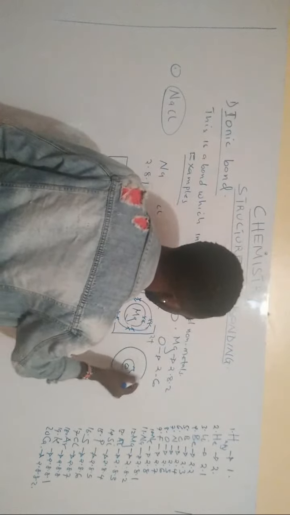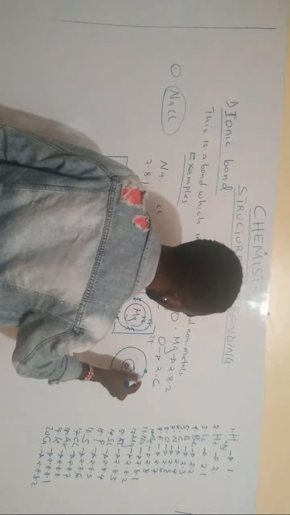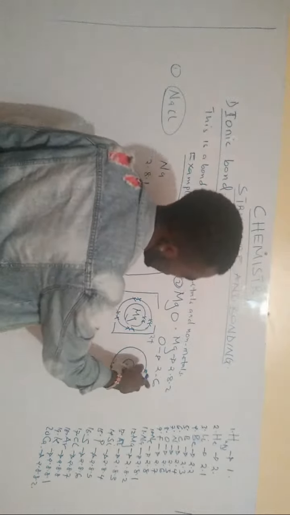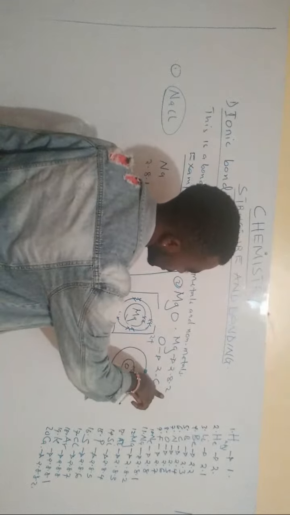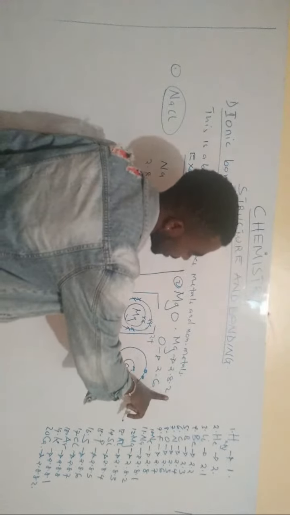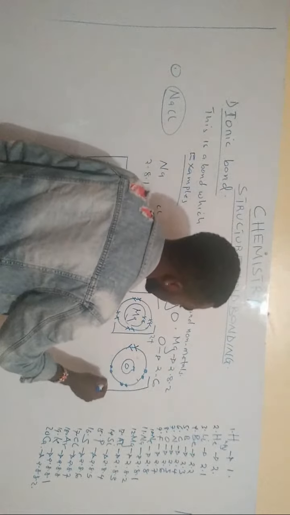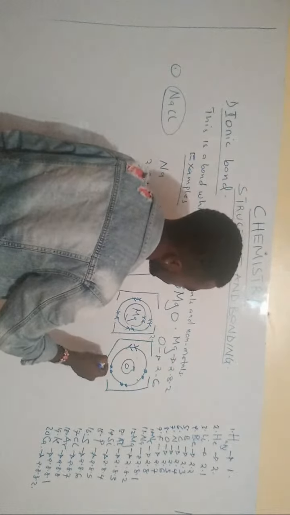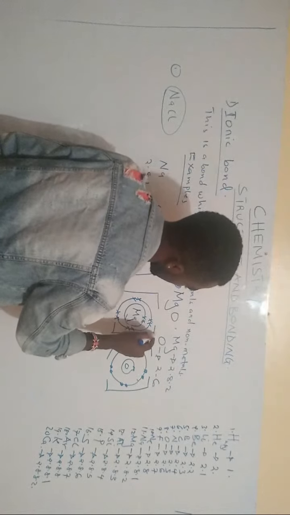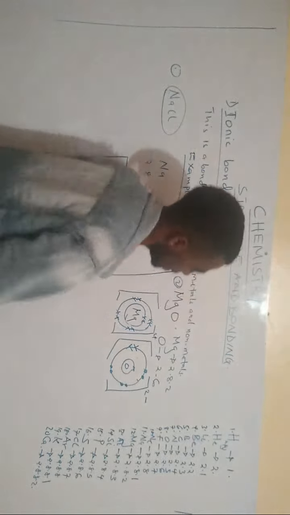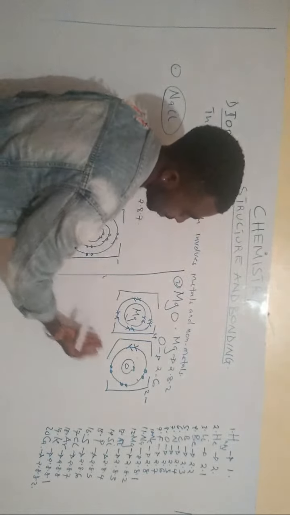Oxygen had 6, so it has to gain 2, and that 2 is what has been lost here. We represent those electrons with crosses, and show that ions have been formed: this is 2 plus, and this one will be 2 minus.